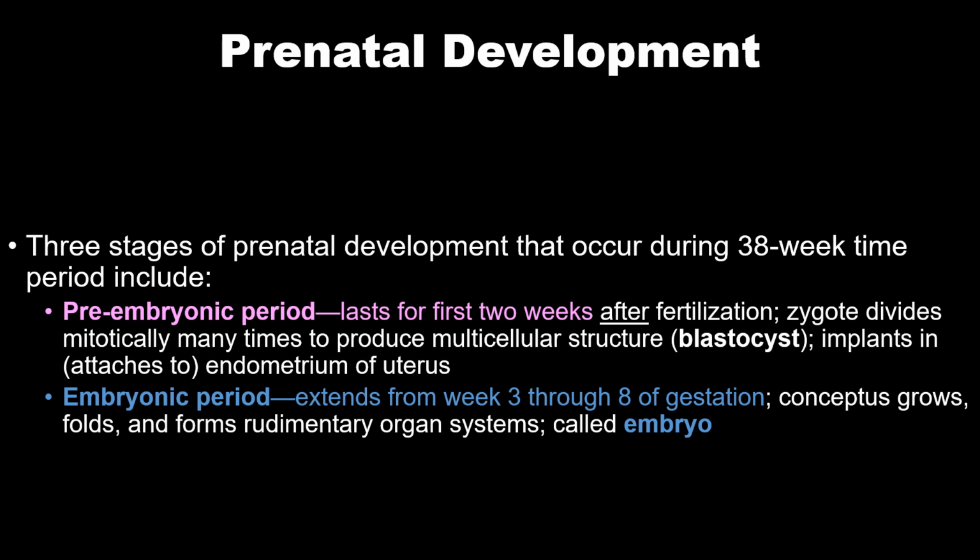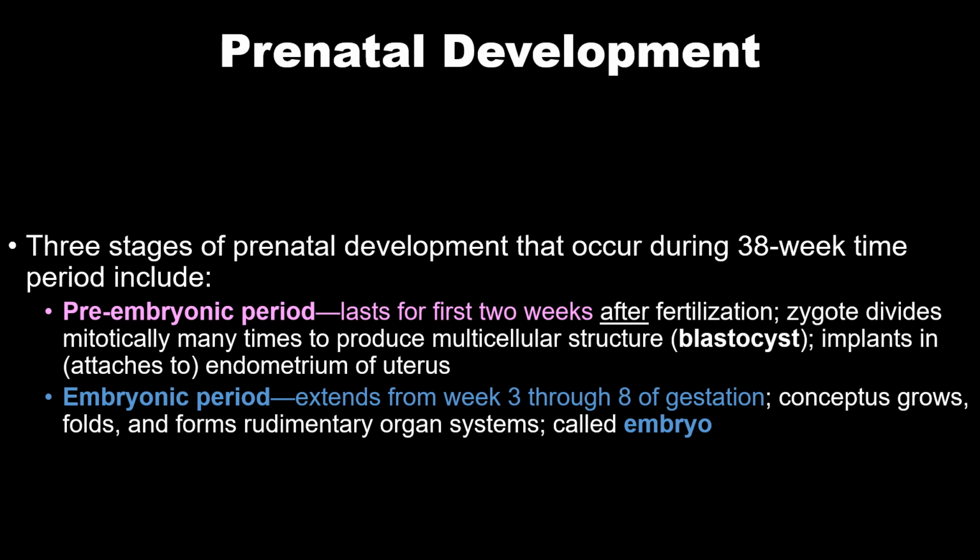The growing offspring is generally referred to as the conceptus, and it develops during the gestation period of the pregnancy, which extends from the mother's last menstrual cycle until birth, approximately 40 weeks. The gestation period is longer than the prenatal period because it includes that 2 weeks after the mother's last menstrual cycle, a date that the woman can usually recall. We'll focus mostly on the 38 weeks of prenatal development, which is divided into 3 stages.